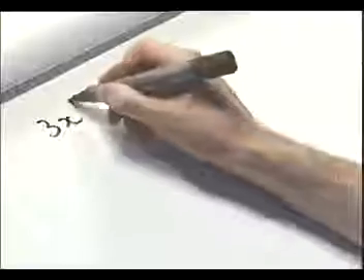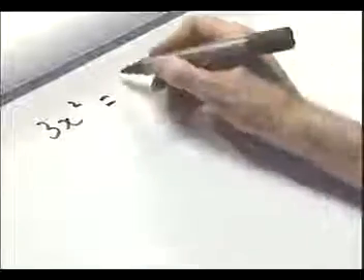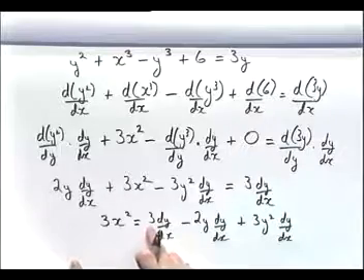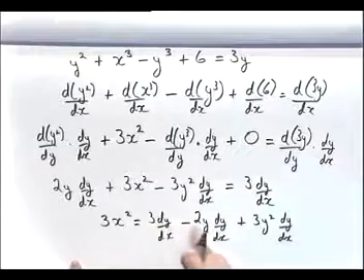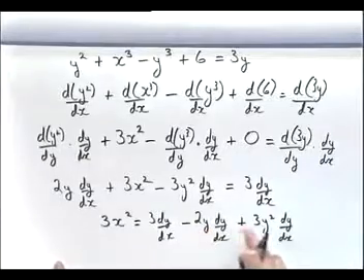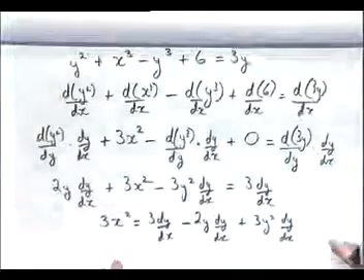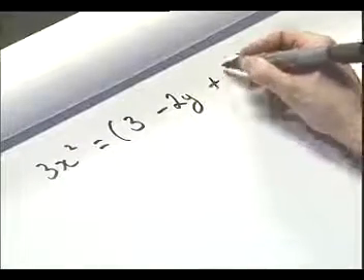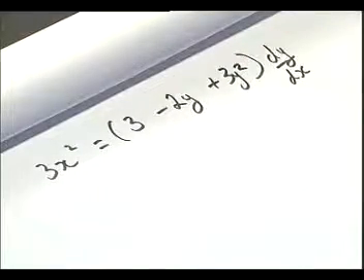So we'll have 3x squared equals, bracket, and taking out that common factor of dy by dx. Let's just go back and have a look at what dy by dx was multiplying. It was multiplying a 3, a minus 2y, and a plus 3y squared.